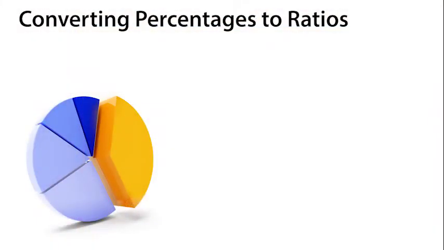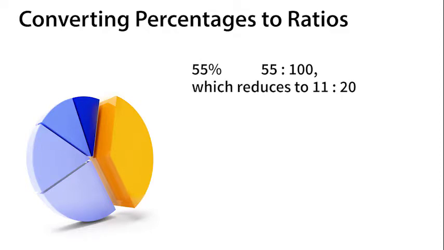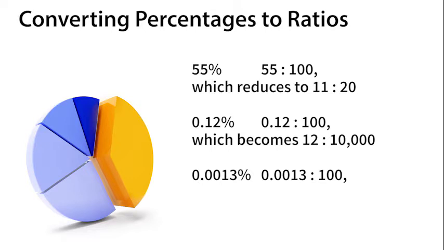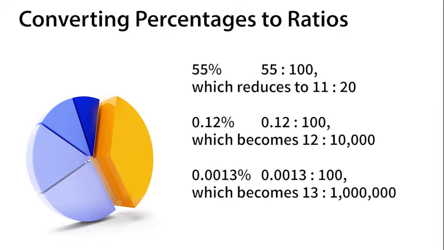Some more examples of converting percentages to ratios. 55% will be expressed as 55 to 100, which reduces to 11 over 20. 0.12% would be 0.12 over 100, which becomes 12 over 10,000, and 0.0013% becomes 0.0013 over 100, which becomes 13 over 1 million.